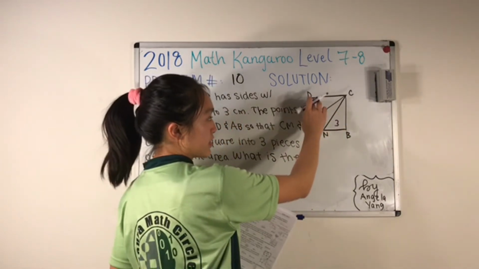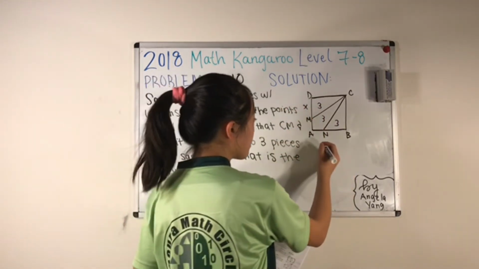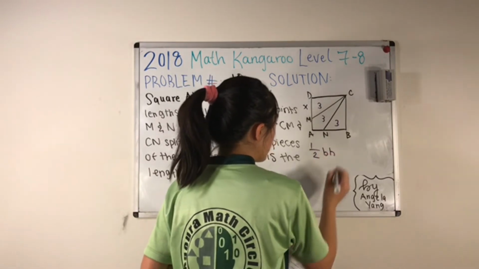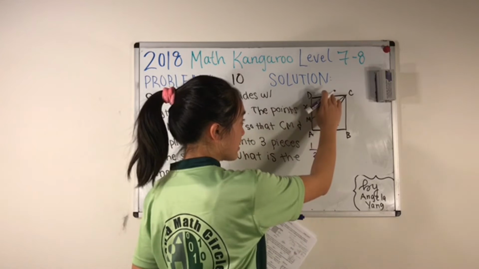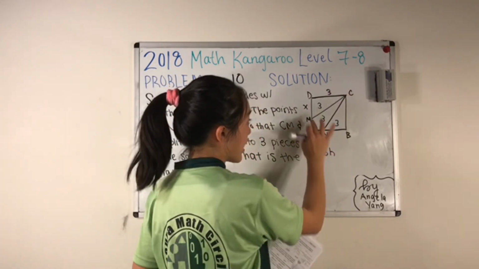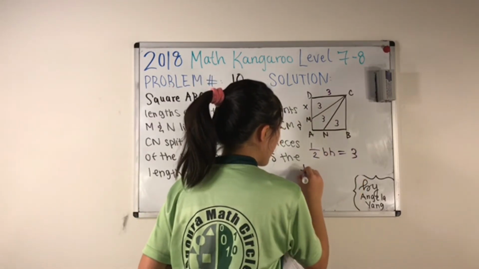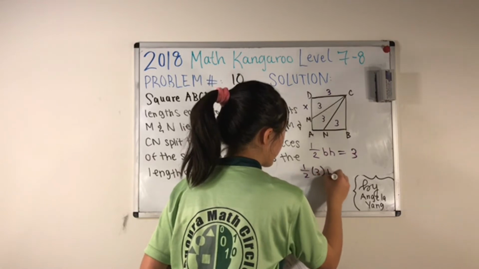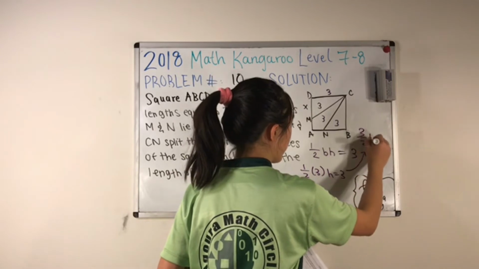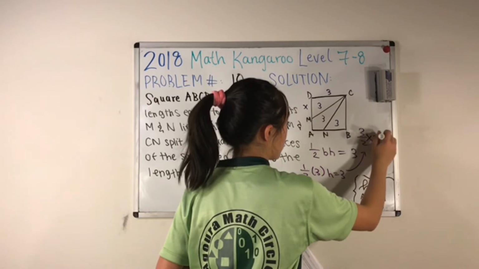Now let's focus on this particular triangle because it includes the side DM or x. So we know that the equation for a triangle is 1/2 base times height. So in this case, our base is 3 because each side is 3. But we don't know what our height is. Our height is x, but we know that the area is equal to 3. So 1/2 times 3 times height equals 3, which goes to 3 over 2 h, or I'll refer to this as x instead to make it more easily understandable, equals 3.